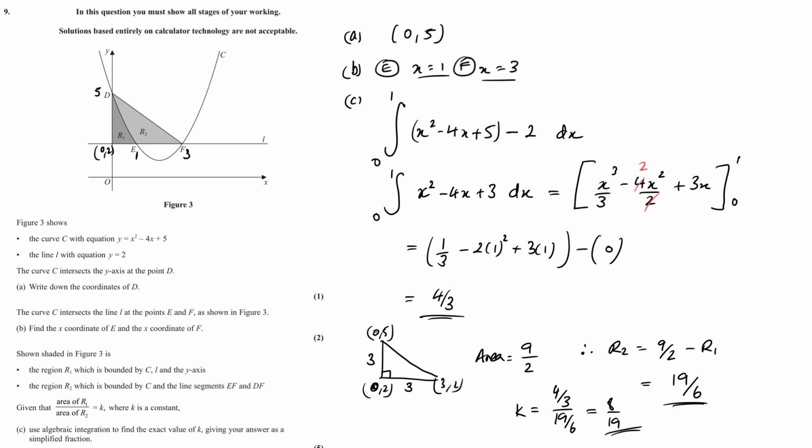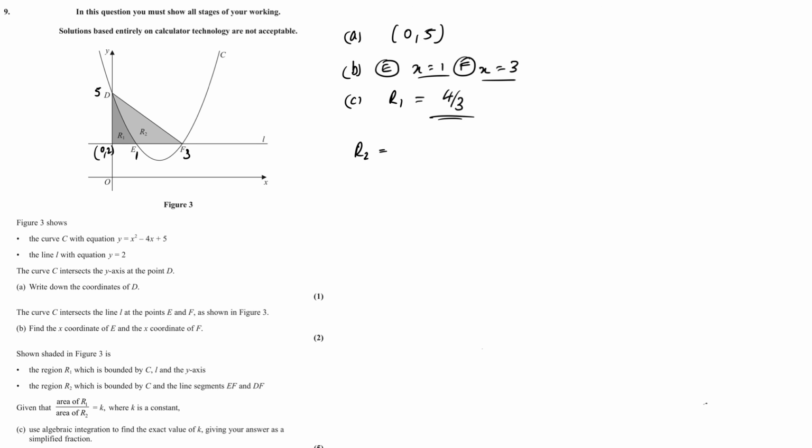So if you found R1 with integration correctly, using this method or integrating this one and then subtracting that rectangle there, and you get 4/3, then you can use that to find your answer to part B for R2. What I'll do now is go back to this point, and I'll show you how to find R2 using integration, in case you want to do it purely with integration.